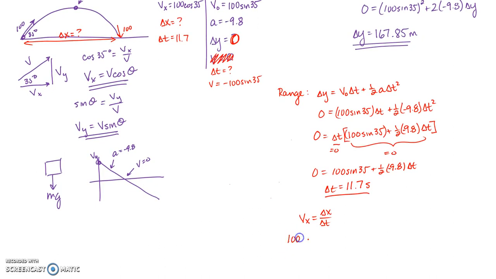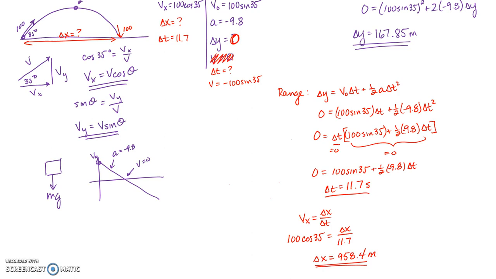So 100 cosine 35 equals our displacement, which we do not know, times the time, which we now have, and we can now solve for how far this thing goes. And we get 958.4 meters.